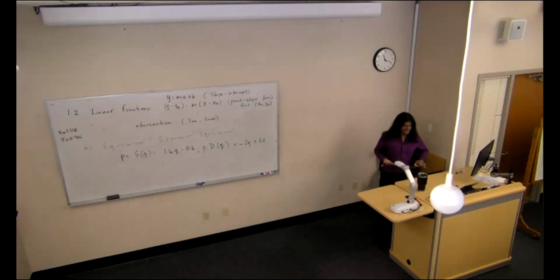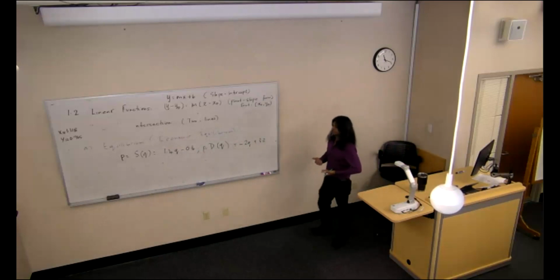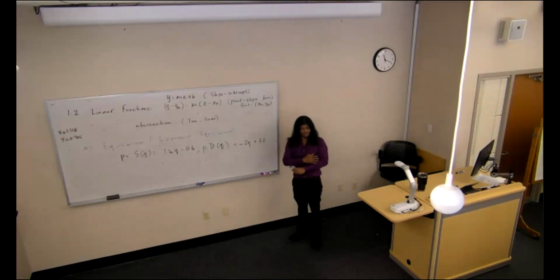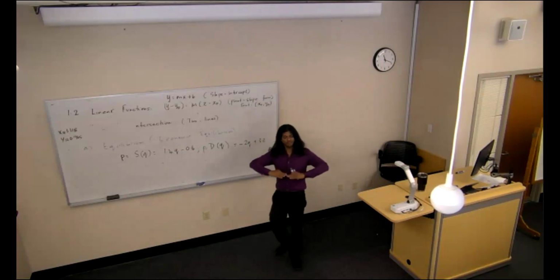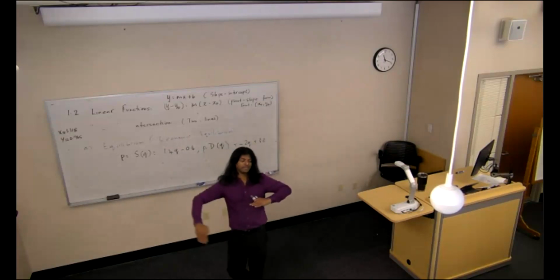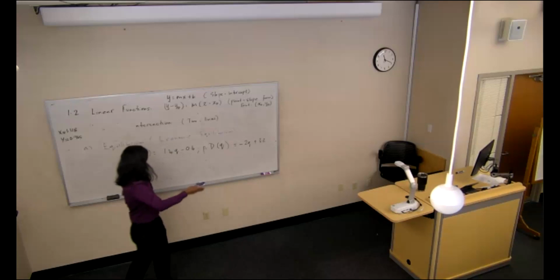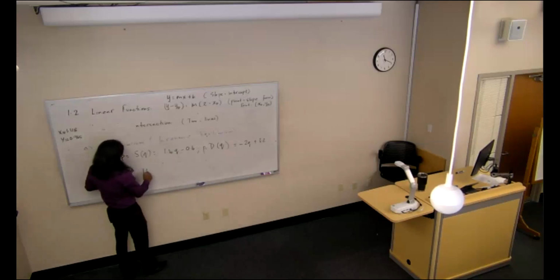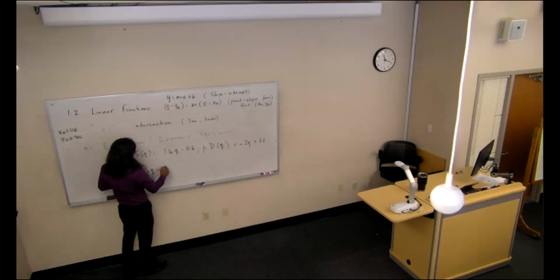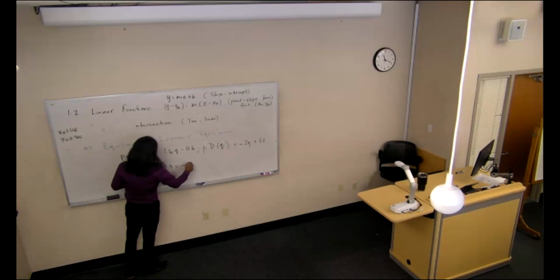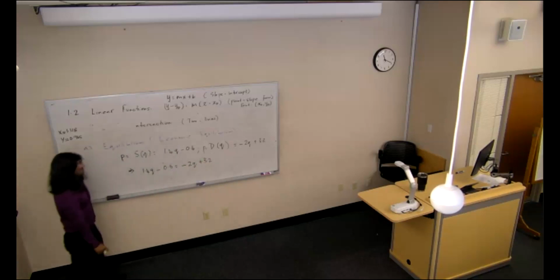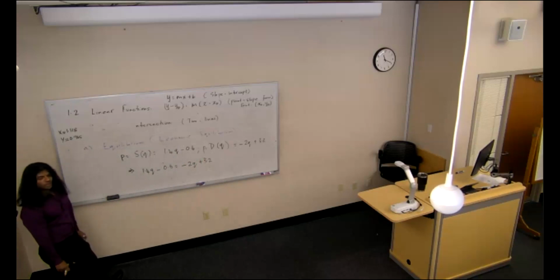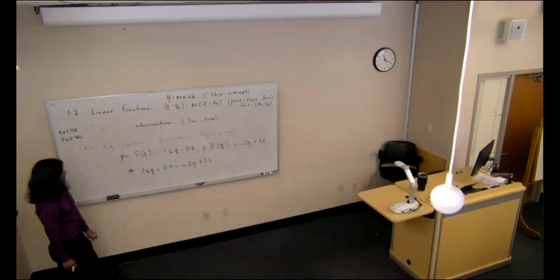So what did the calculator do? The calculator wanted to find the point of intersection. Earlier, I mentioned that point of intersection would simply mean one equation equal to the other. So set those two equal to each other: 1.4q minus 0.6 equals negative 2q plus 3.2. All we have to do is solve for q.